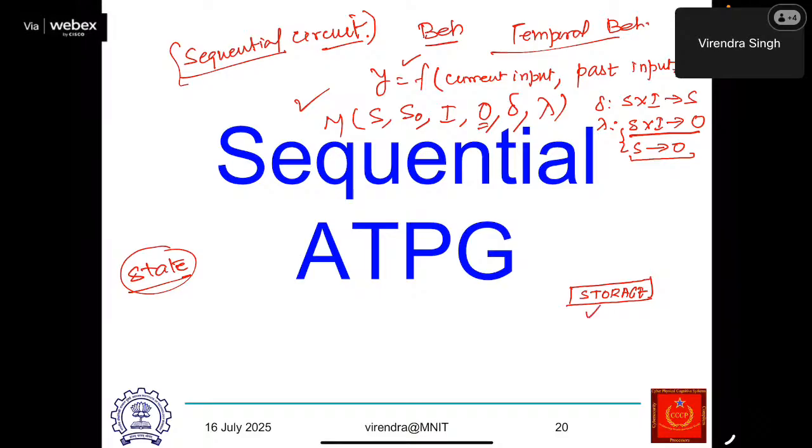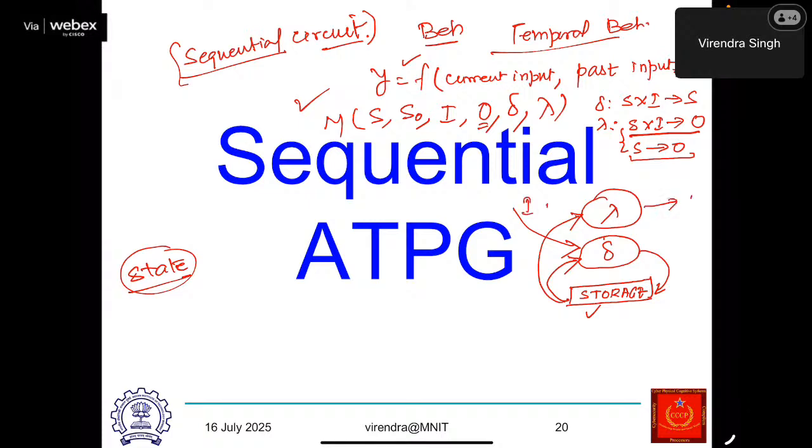So you have a storage element. Storage elements have a clock. Then there are two logics. One is your next state logic, and another is the output logic. Now storage will go to this state, will go to both. And then output here will come from this, this is the input.